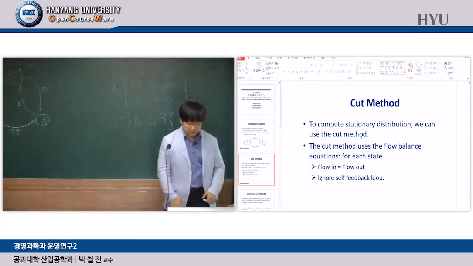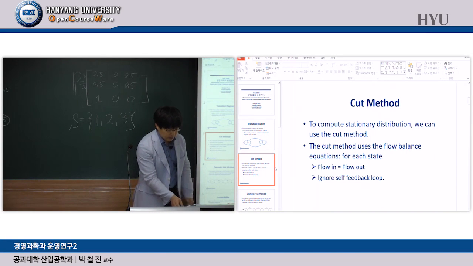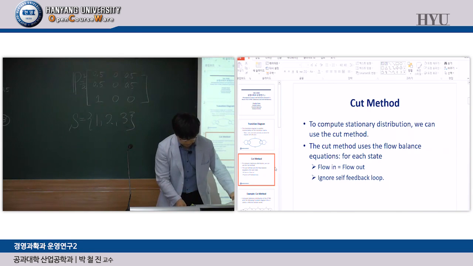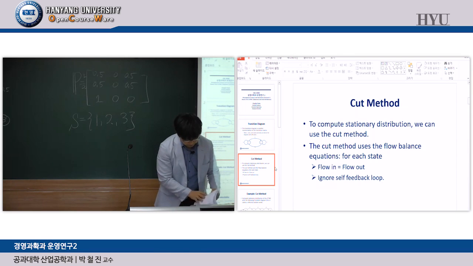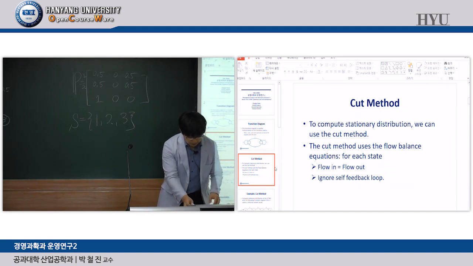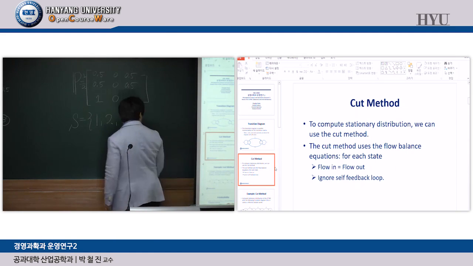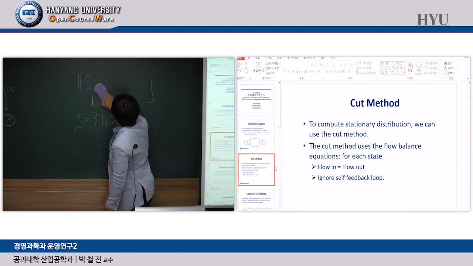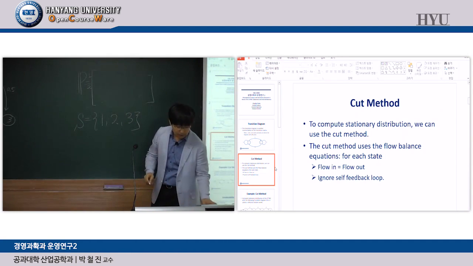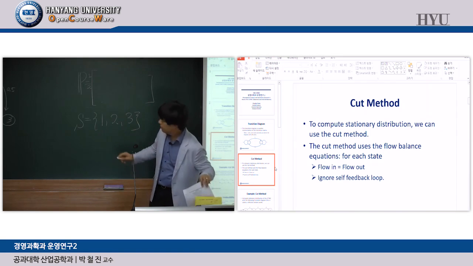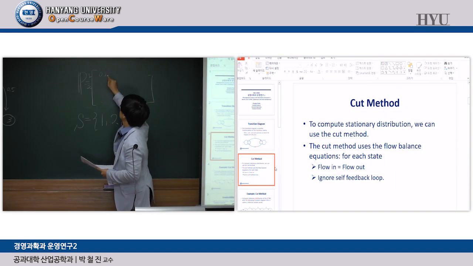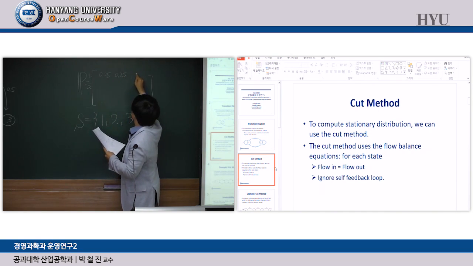So we can consider another example. Let's consider states 1, 2, 3, and transition probabilities 0.25, 0.25, 0.5, then 0.5, 0, 0.5, then 0, 1, 0.